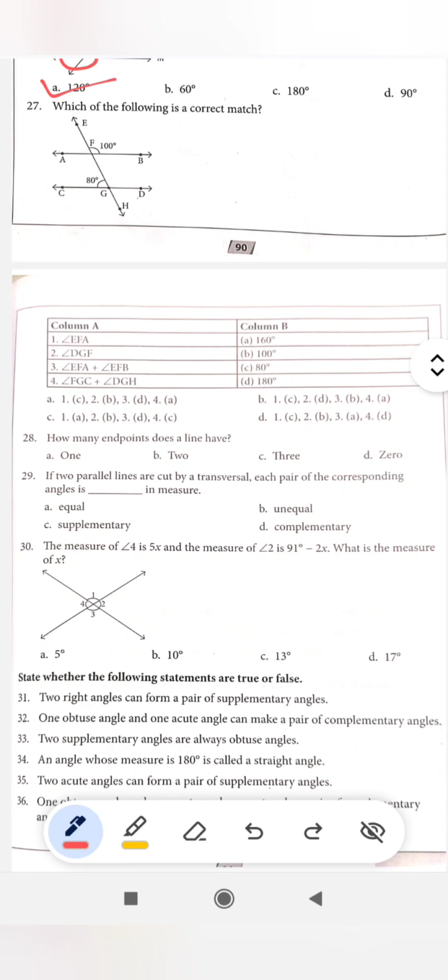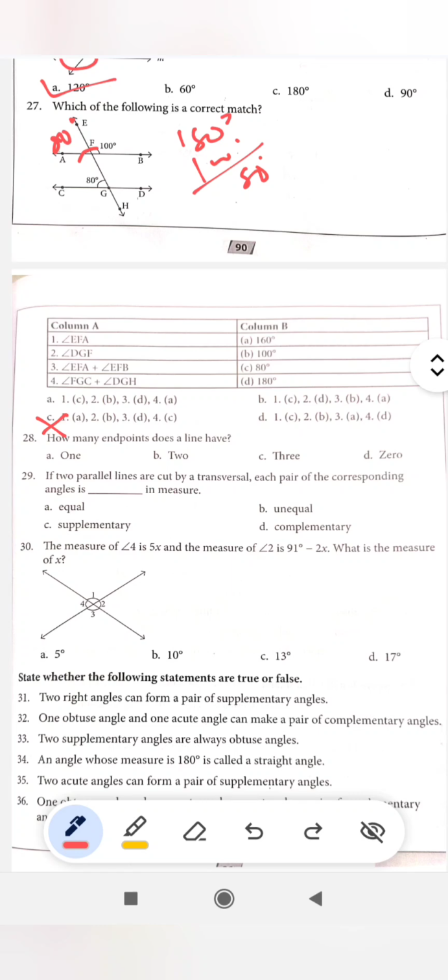So if this one is 100 degrees EFB, then this one will be what? Linear pair. So it will be 180 minus 100, that is equal to 80 degrees. Similarly, we can write that with 1, option C. So this option is cancelled out. With 1, column B, option C, that EFA is equal to 80 degrees.